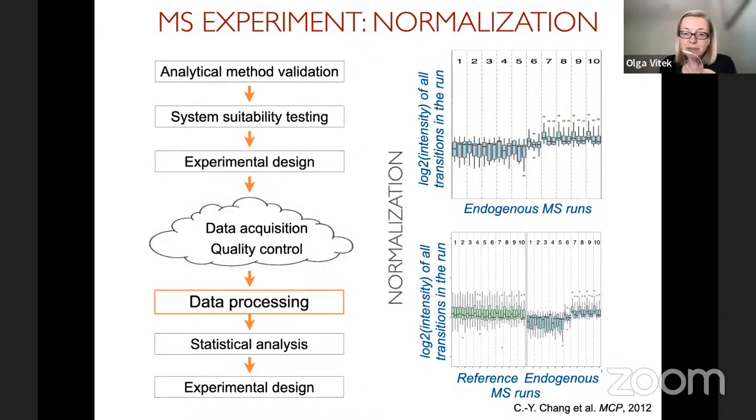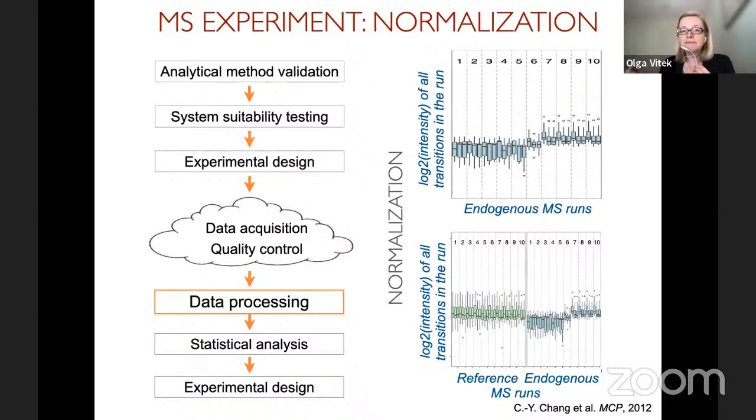It's a targeted experiment which targeted only a limited number of proteins, which are expected to be affected by a particular stress. And for each endogenous protein of interest, which was targeted, there was a heavy labeled reference counterpart, which was spiked in the biological sample. The reference counterpart is not supposed to have any biology.